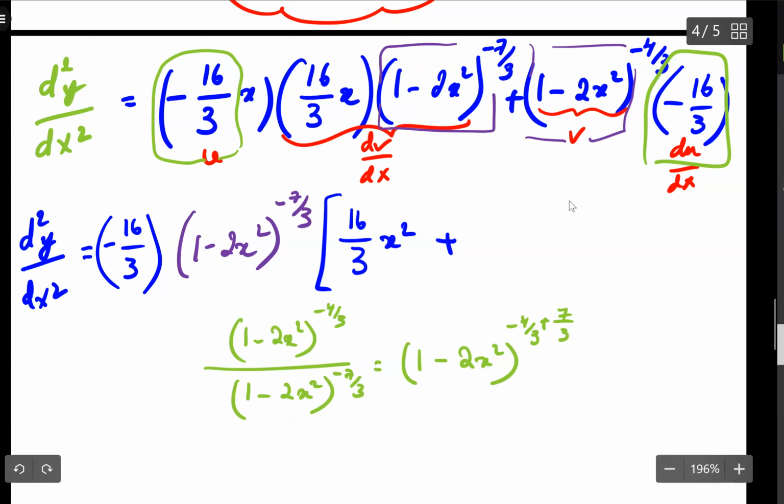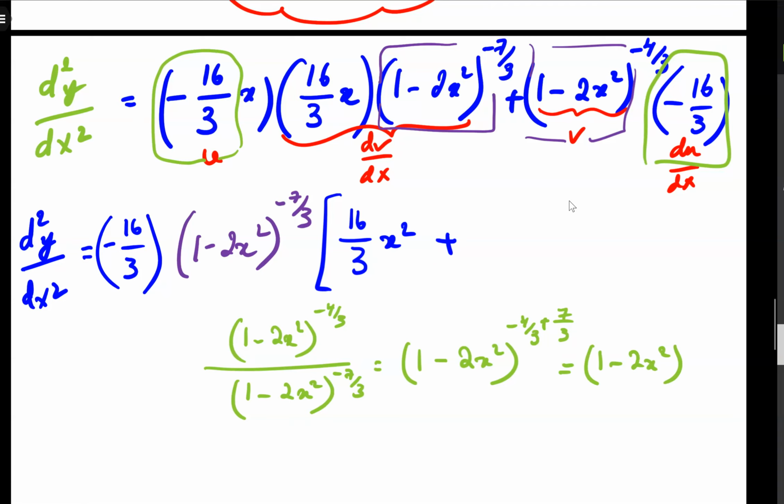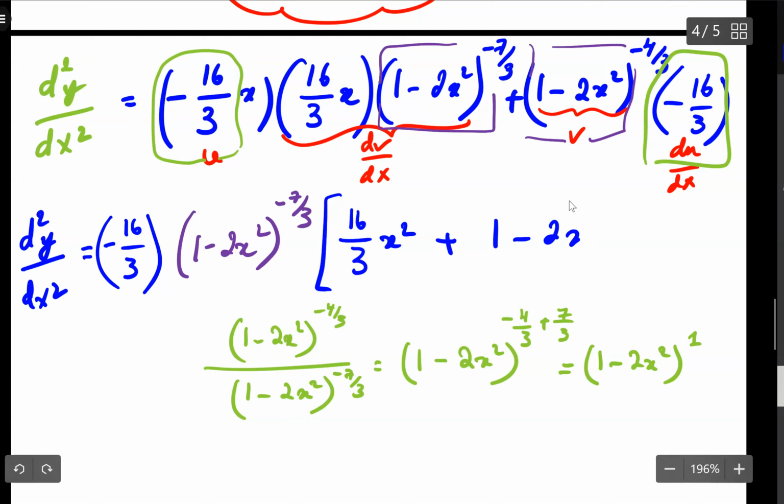Okay, as you subtract negative 7 over 3, so you add 7 over 3. So in this case, 1 minus 2x squared to the exponent 1, right? So negative 4 over 3 plus 7 over 3, the answer is 1. So inside this bracket, what you have left is just 1 minus 2x squared to the exponent 1.